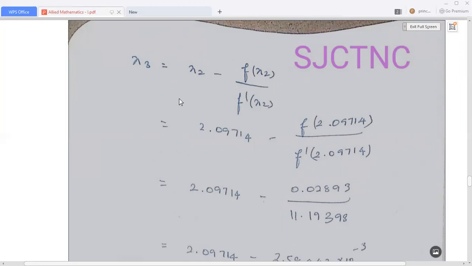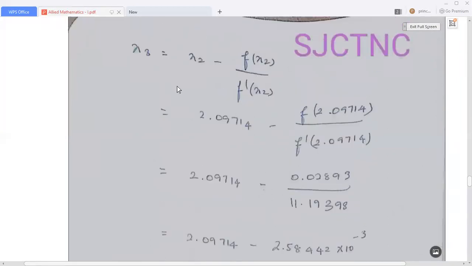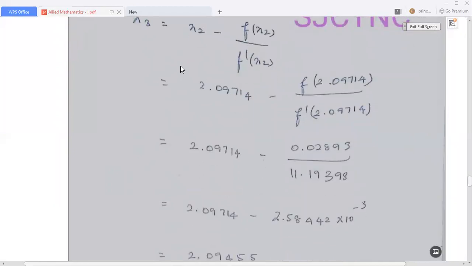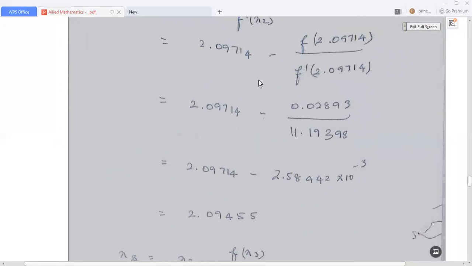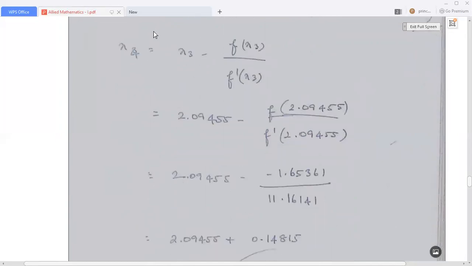Similarly, we calculate the third approximation x3. x3 equal to x2 minus f of x2 by f dash of x2. Now we can substitute the x2 value in x3. So when you calculate these values, we get x3 equal to 2.09455. Similarly, we calculate the fourth approximation. x4 is equal to x3 minus f of x3 by f dash of x3.